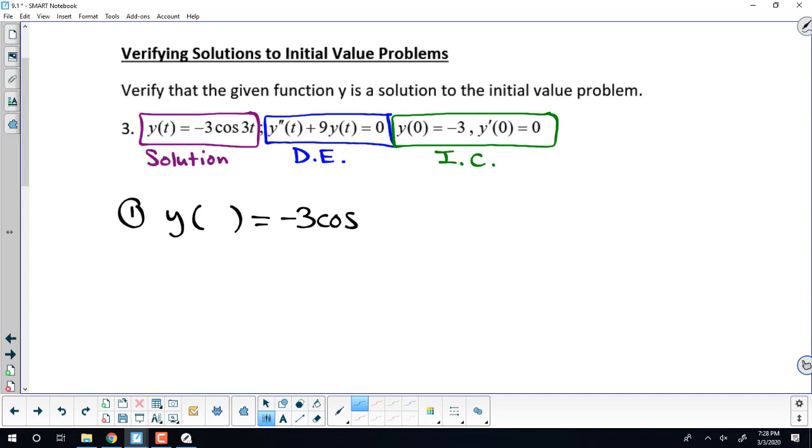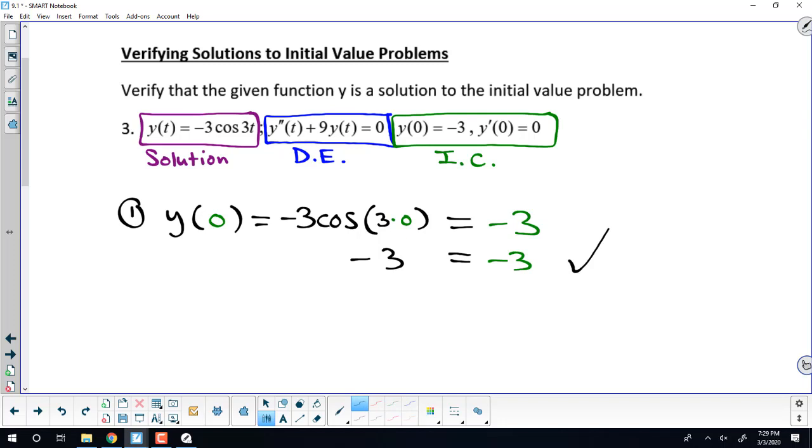Maybe you can just do this by inspection, but y evaluated at t being 0, that should equal -3, yeah, thank you. Cosine of 0 is 1 times -3, -3. So that initial condition checks out.